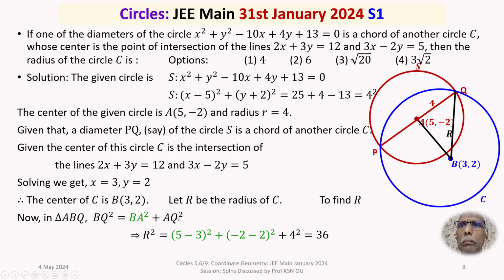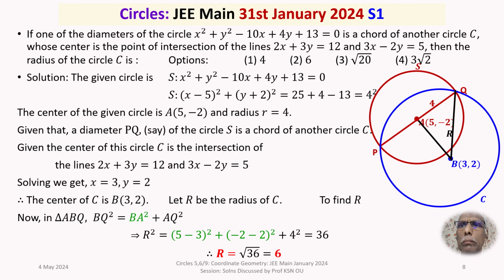So BA square, 5 minus 3 whole square plus minus 2 whole square plus 4 square. Simplify, you will get 36. And R will be equal to the square root of 36, that is equal to 6. That is the radius of the circle C. That's what you are asked to find.